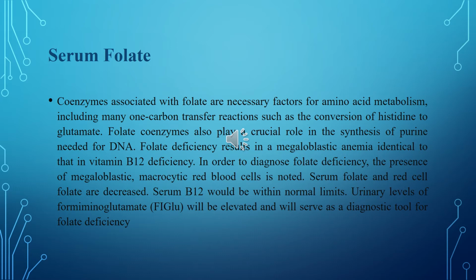CBC may indicate megaloblastic anemia, but this could be a sign of vitamin B12 deficiency. Serum folate level reflects folate status, but erythrocyte folate level better reflects tissue store after intake. So the serum folate test is also important to diagnose the anemia.